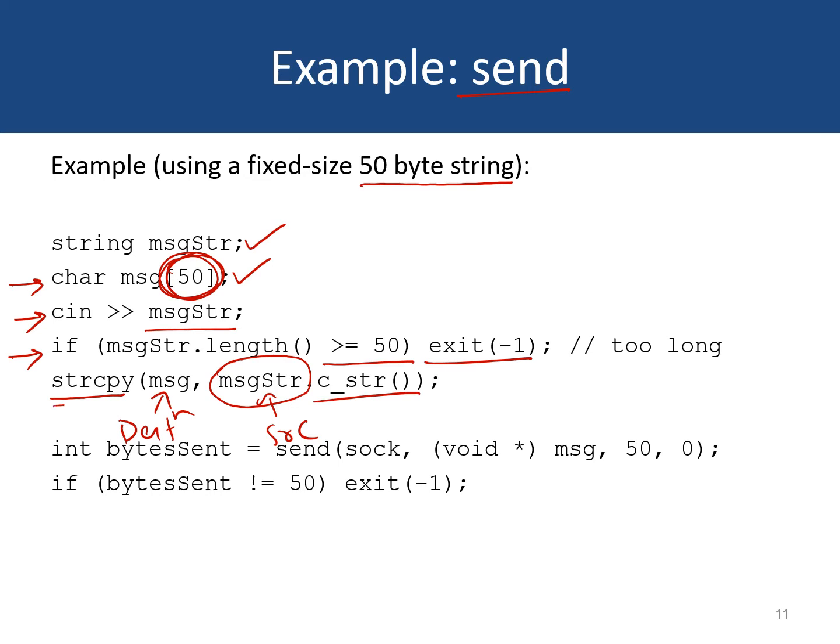In the strcpy function, we basically need a character pointer to the null terminated sequence of characters, and that is why we have this c_str function. Recall, the c_str function returns a pointer to an array that contains a null terminated sequence of characters representing the current value of the string object.